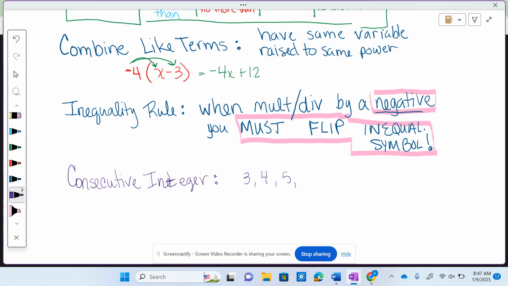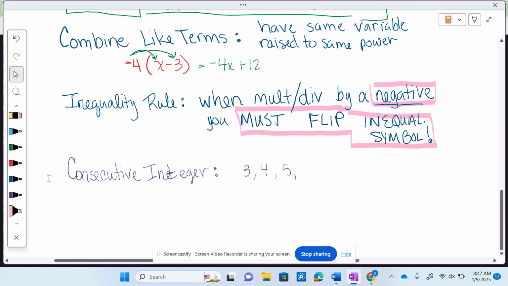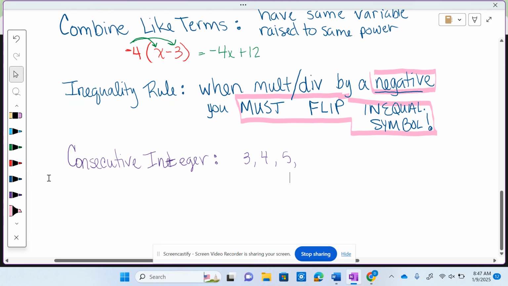Numbers that come in a row. So when I have the sum of consecutive integers, like if we're writing an equation, we call them x, x plus 1, and x plus 2. Right?